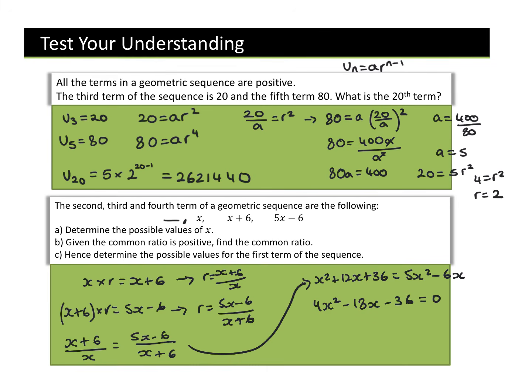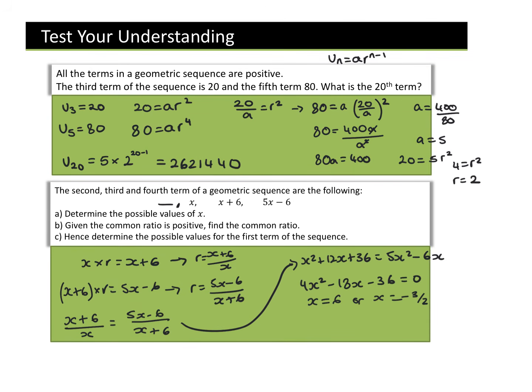And then I'm going to solve this. You can either solve this by factorising or substituting into a formula. What I'm going to have is x equals 6 or x equals negative 3 over 2. And we've now found the possible values of x.